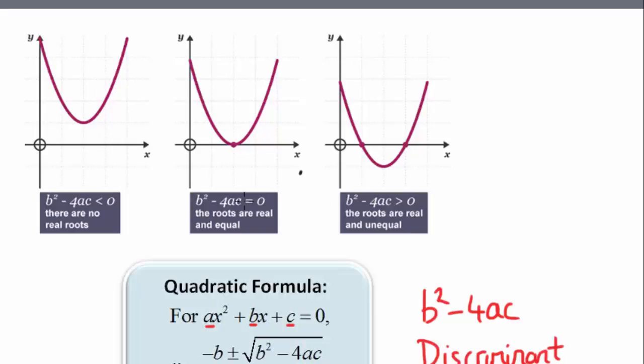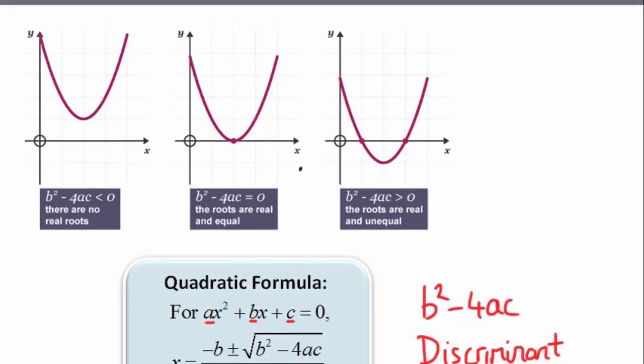If the formula gives you 0, then there's a real root and the roots are equal. And if it's greater than 0, then the roots are real and unequal, so that value is not the same as that. That's all that means.